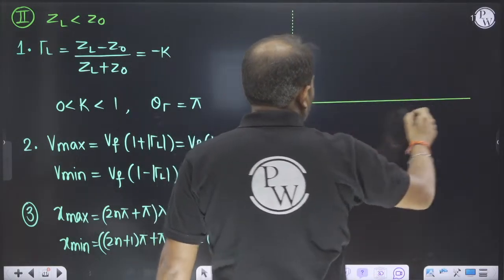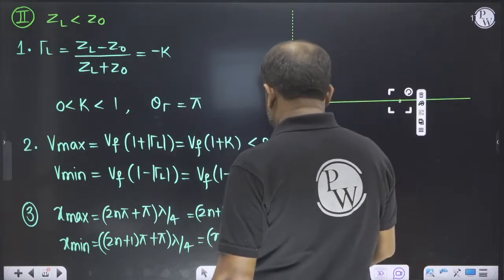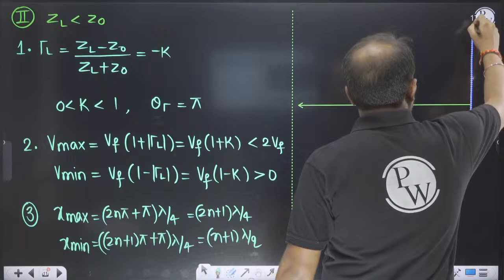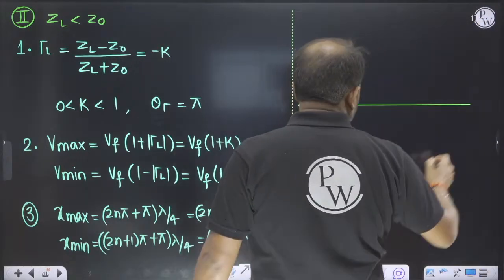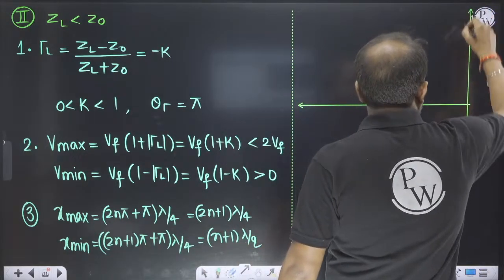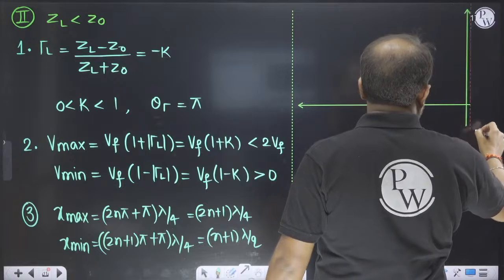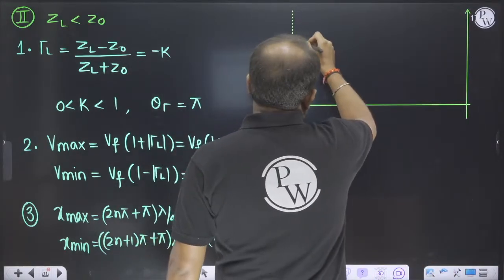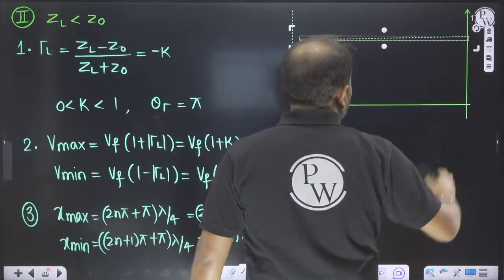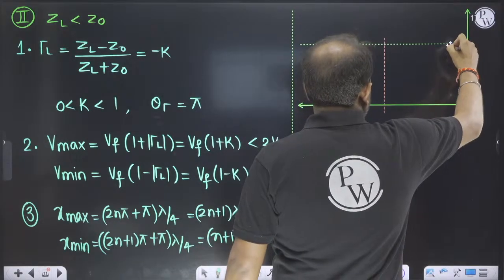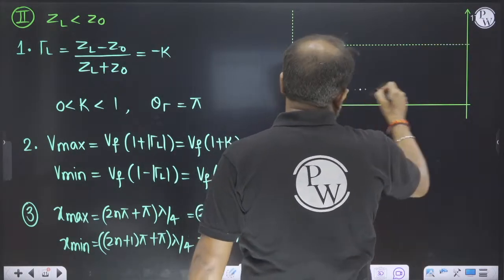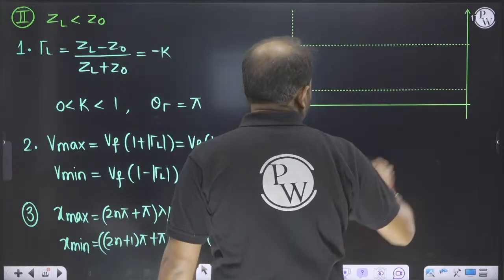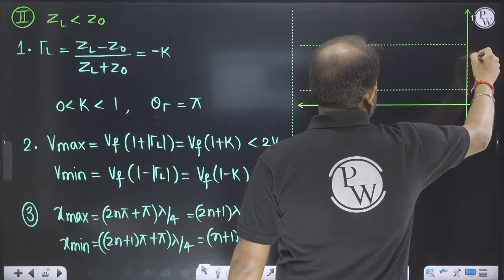So we can draw the graph of VSWR. What is the value of VSWR for this case? Vmax is less than 2 Vf and Vmin is greater than 0, so the graph will shrink.